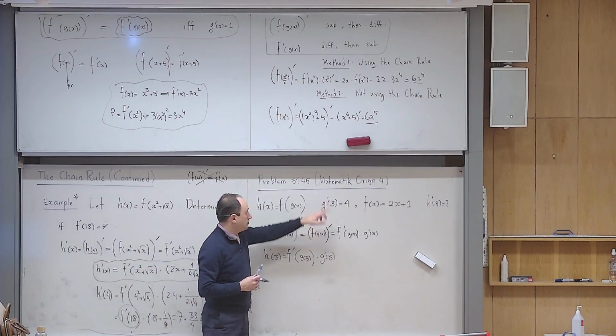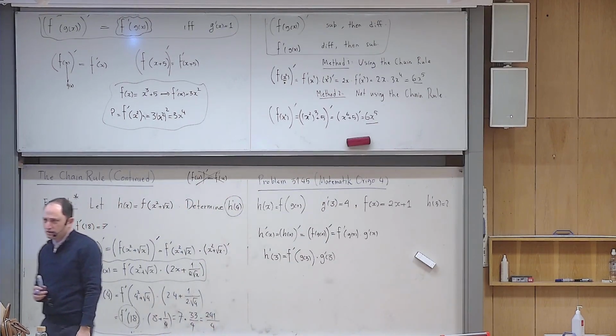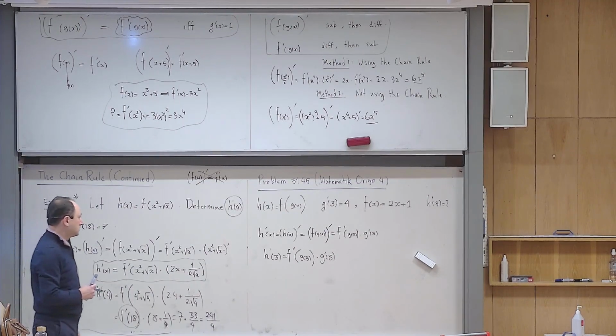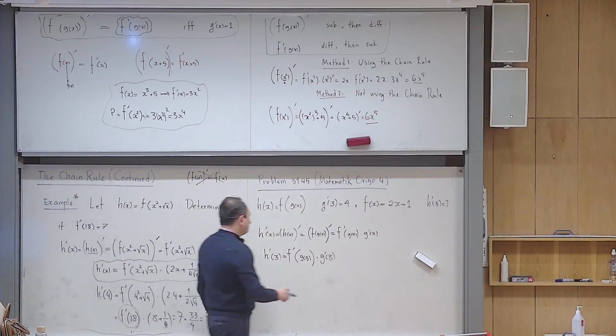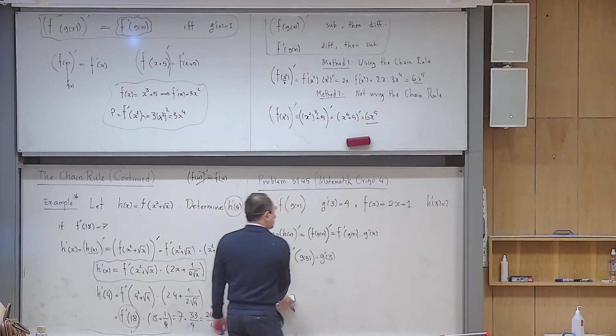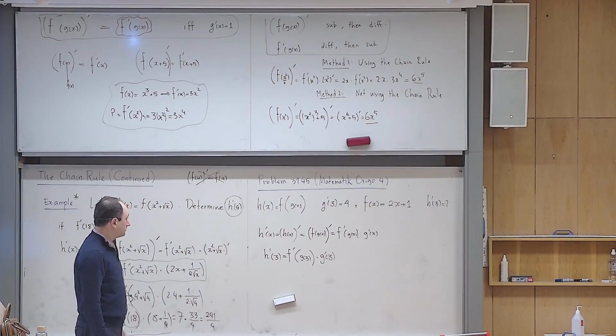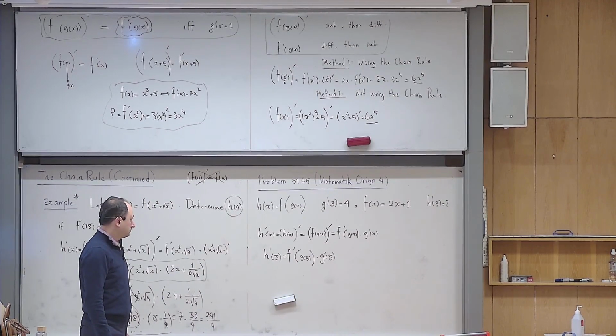Have I written it right? Is this g prime or g? So g prime of 3, oh, okay. Yes, I can put in the values, since we know h prime 3 and g prime 3, x is the same.